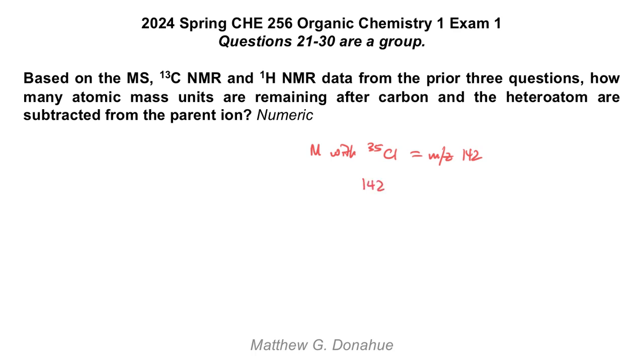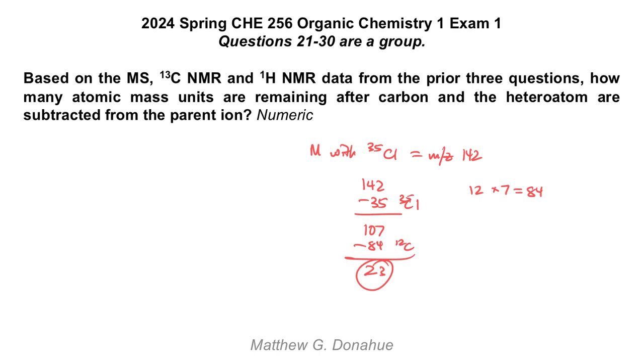So 142 minus 35, again, that's the 35Cl chlorine contribution. 142 minus 35 gets you 107. We saw that there were 12 times 7, so that's 84 for the carbon. So we're going to subtract out the C12 contribution. So minus 84 is going to give you 23.